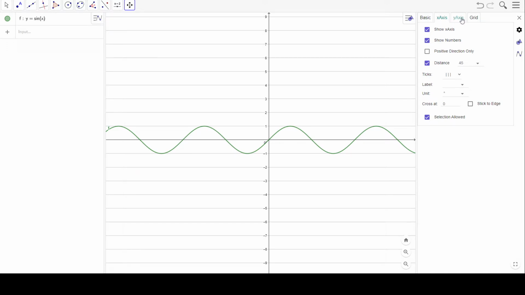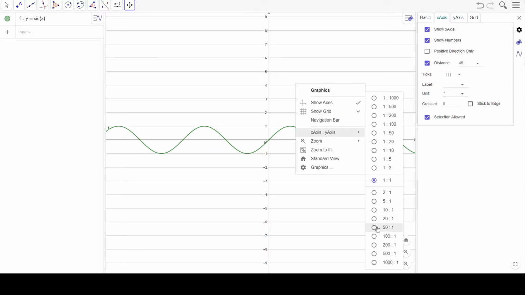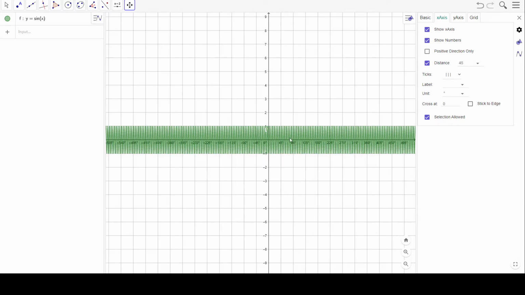I can imagine what is going on, but not perfectly. So the distance I want is 45. And then I have to rescale it as well, I think. So if I go to this scaling, make it 50 to 1, and then this strange thing happens. And now you see that there's 45 degrees, but okay.